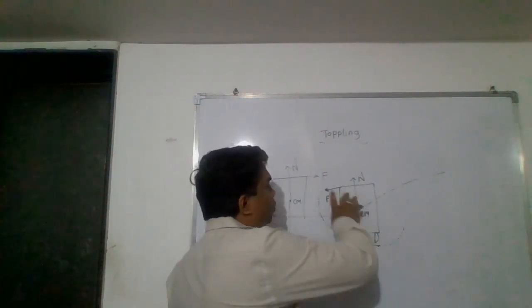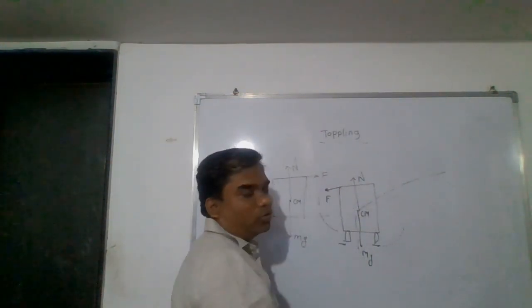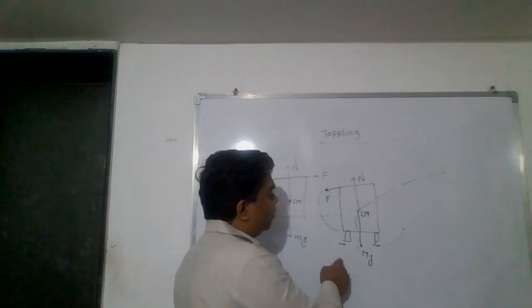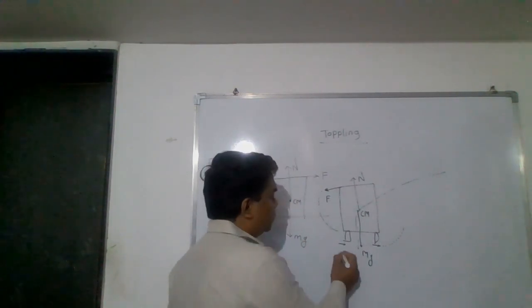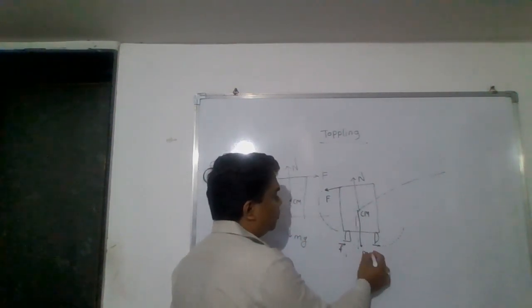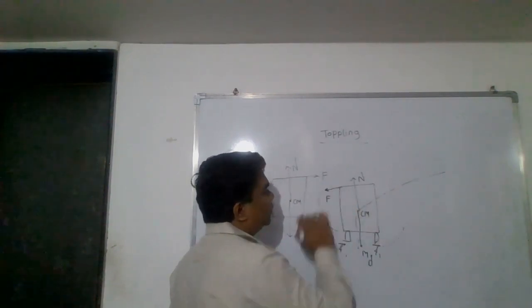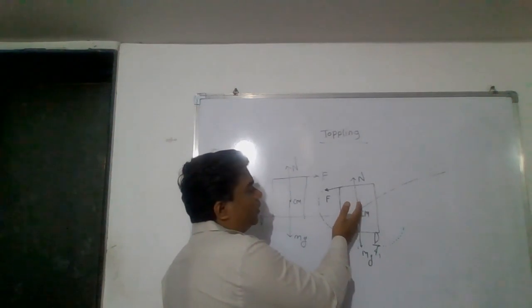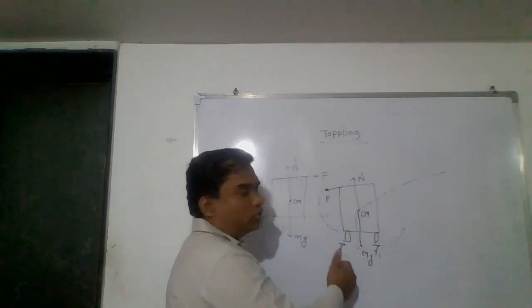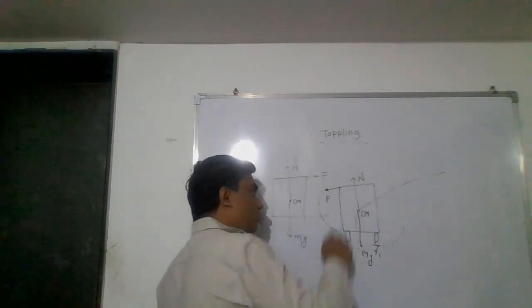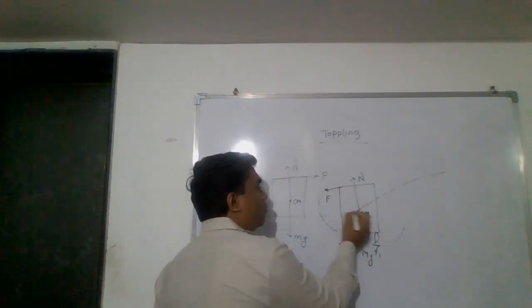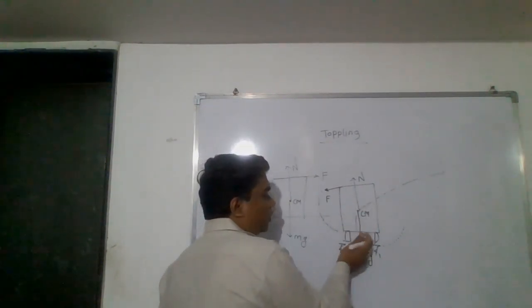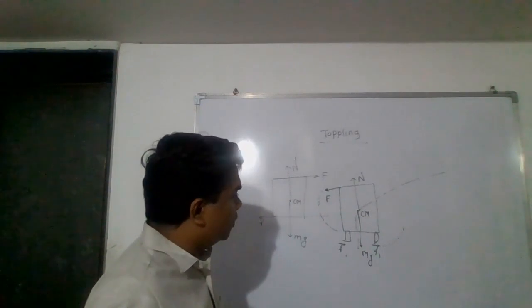To balance this torque or couple, because of this frictional force and this centrifugal force, the normal reaction is shifting outward.